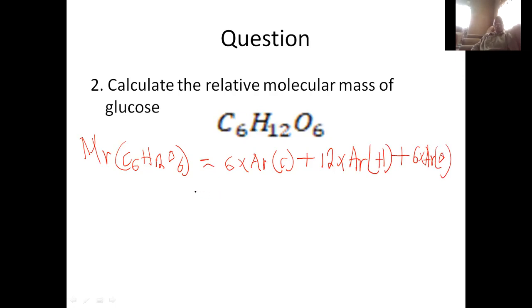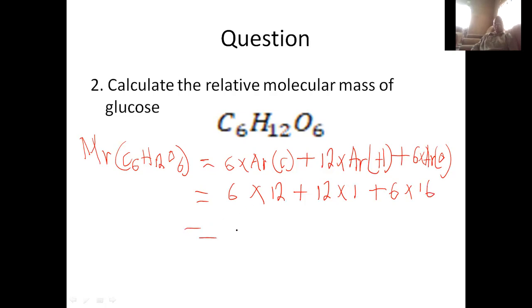And so, you notice that here now, we're going to have 6 multiplied by the relative atomic mass for carbon, which is 12, plus 12 multiplied by the relative atomic mass for hydrogen, which is 1, plus 6 multiplied by the relative atomic mass for oxygen, which is 16.